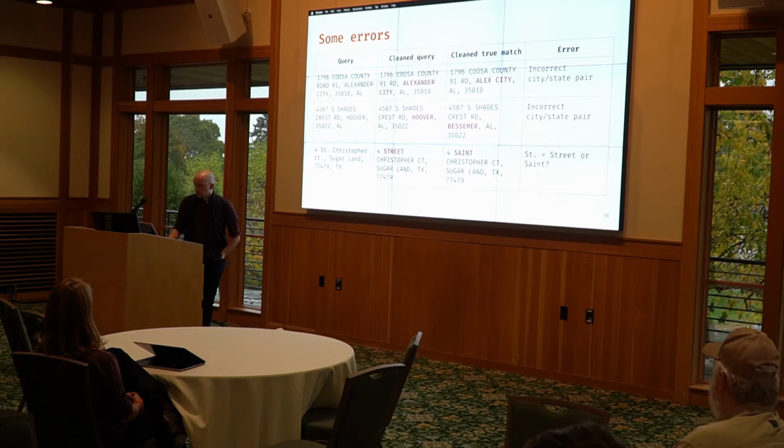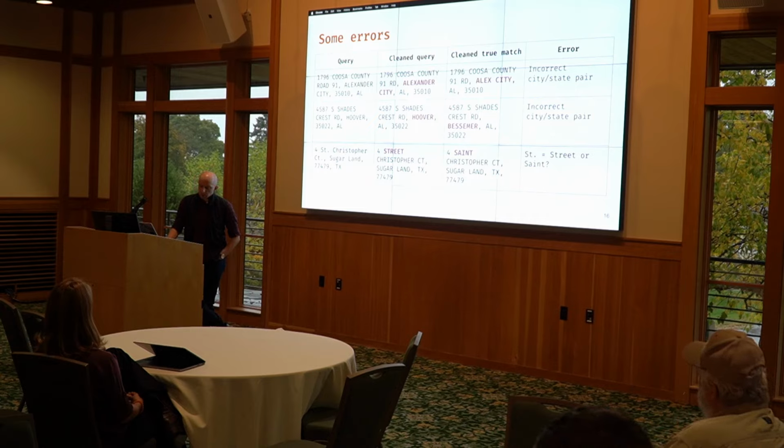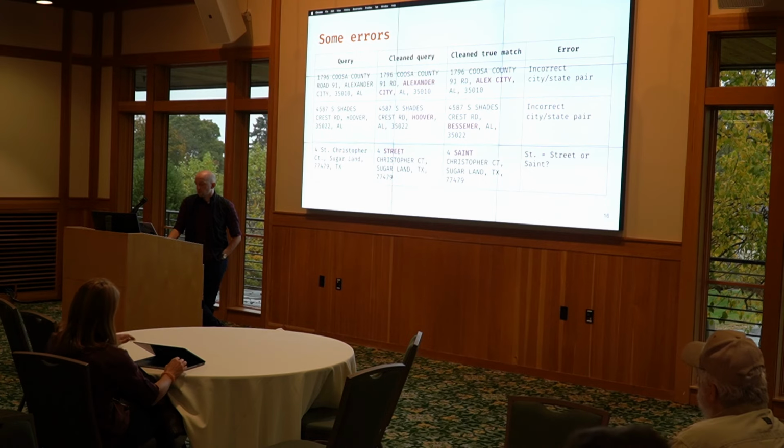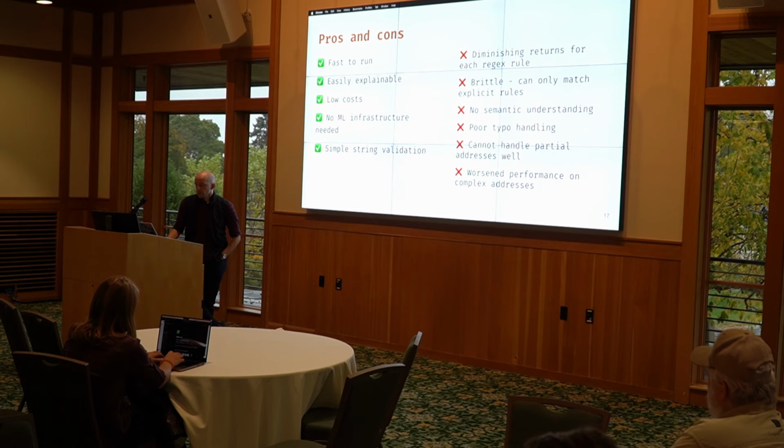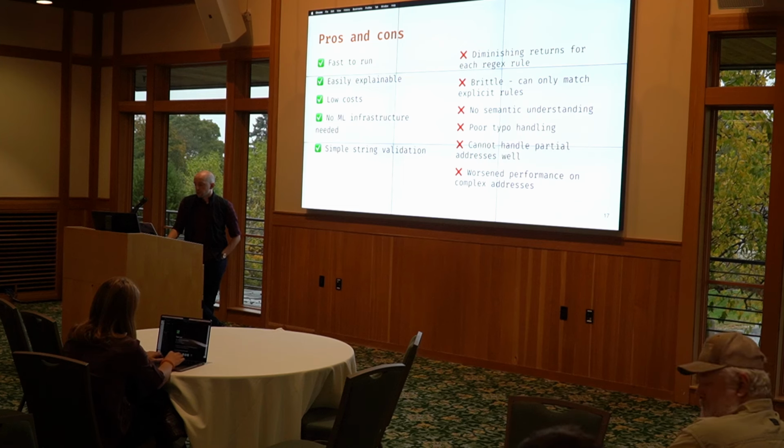So those are a couple lessons learned that will basically put us on the track of using a model to handle all of these edge cases instead of trying to capture them one by one using dedicated rules. As far as pros and cons for this method, it's very fast to run. Even on a laptop, you can run over 5,000 cleanups a second.